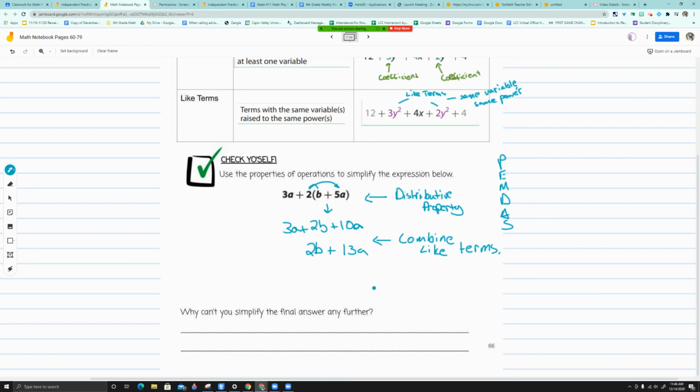Why can't we simplify the final answer any further? The reason being is we have no more like terms. 2B and 13A are not like terms. We cannot add them together. So we cannot simplify further, because we have no more other like terms.